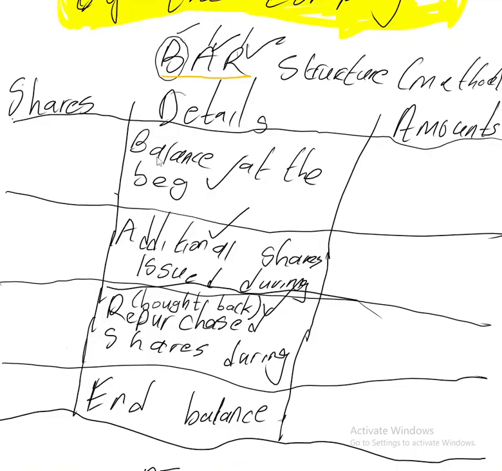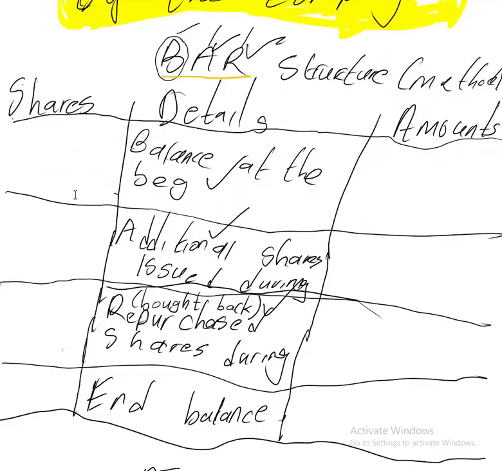So as you can see here, we have the balance at the beginning and the details. This side will have shares, the number of shares that you will be having or that you will be issuing. You will be writing them down this side. Then this side you will be writing the amount of those shares, right? So you need to know that if I sold 50,000 shares as a company, how much am I going to receive for those 50,000 shares?